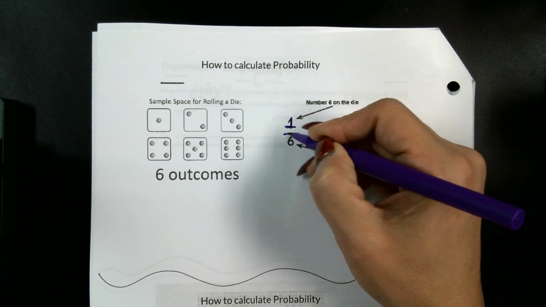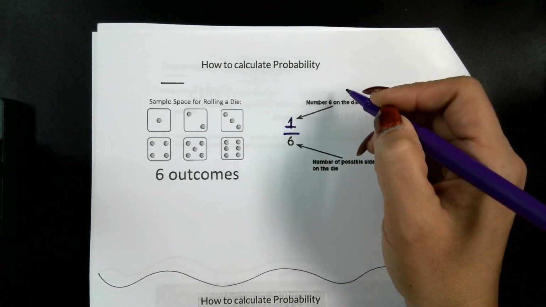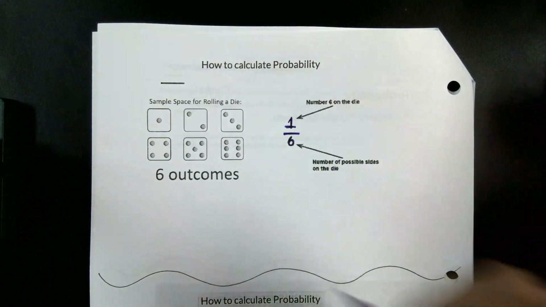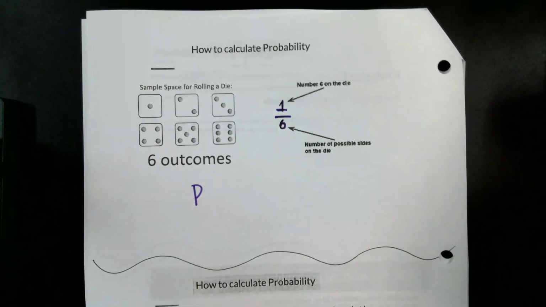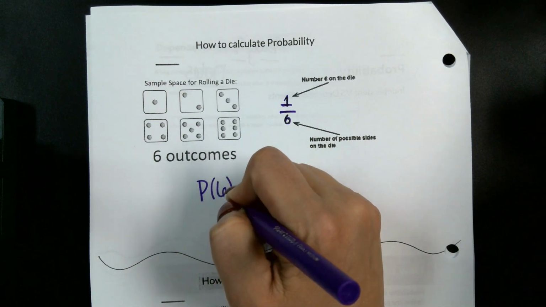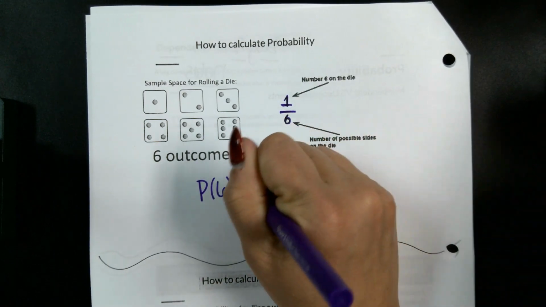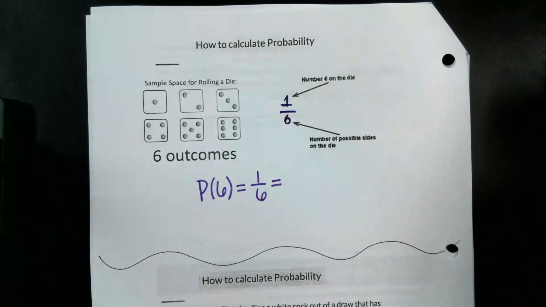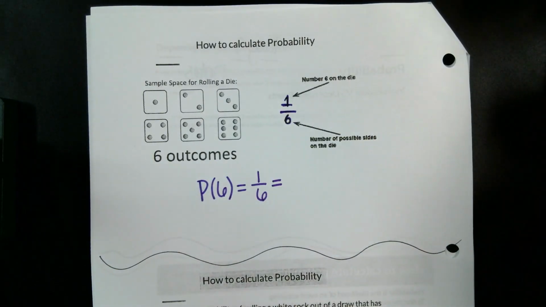And then how many possible numbers are there? 6. So our probability, so write this down, the probability of rolling the number 6 on a die would be 1/6.